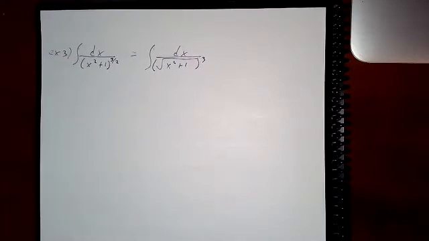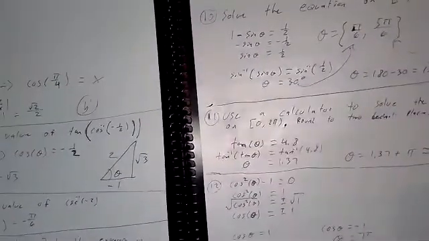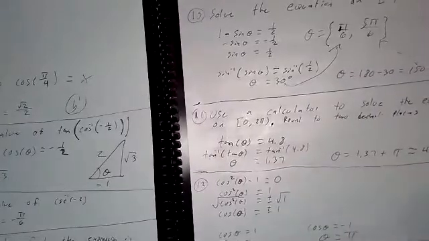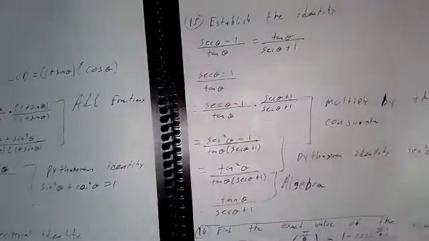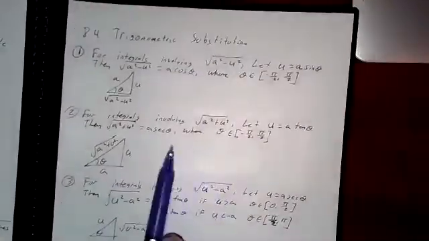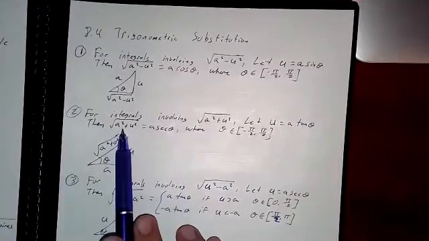Rule 1, 2, or 3? Which trig sub are we doing? Either 2 or 3. Let's see. Number 2 has the plus, right? So it's got to be this one.